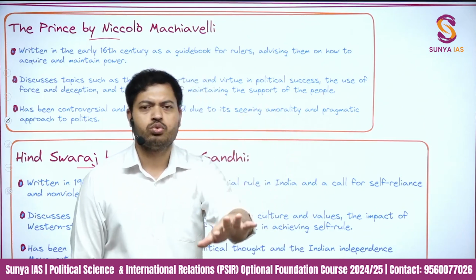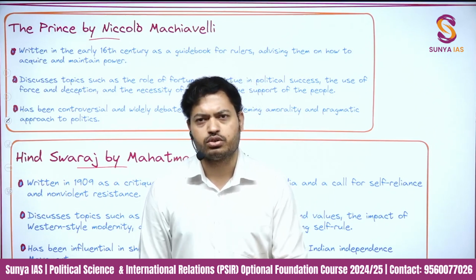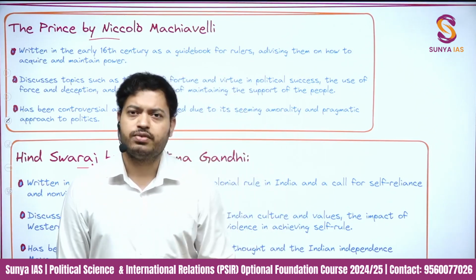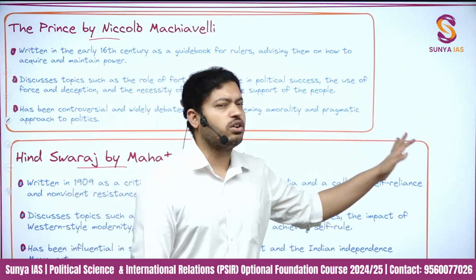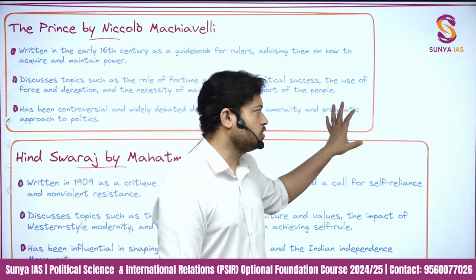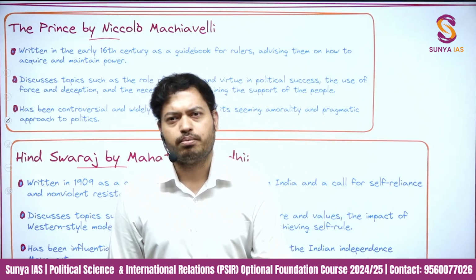Even if you are a GS student, you will know about Hind Swaraj and, most prominently, the Prince also. But for political science students, in the initial phase I have told you these texts. In later stages I won't need to give you the text name or this kind of basic information. This will be in your mind anyway.